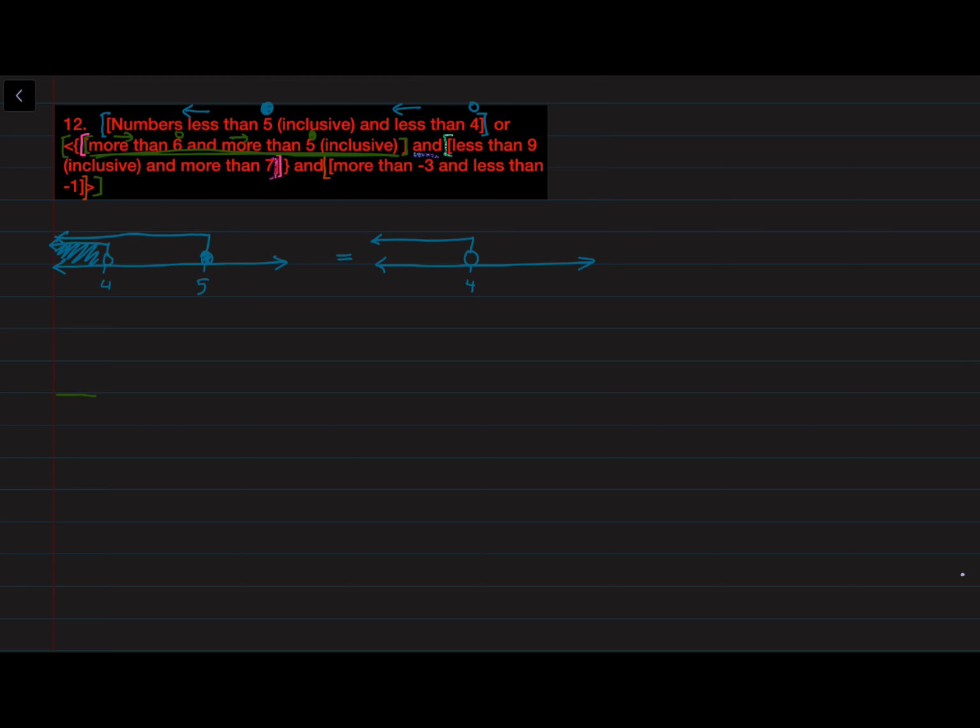So on the interval, we have 5 and 6, and we have numbers that are more than 6 and numbers that are more than 5, and 5 is included. Because it's an AND operator, we're looking for an overlap, which is this region. So overall, we would have an interval where we have 6, and 6 is excluded, and we're going in the positive direction.